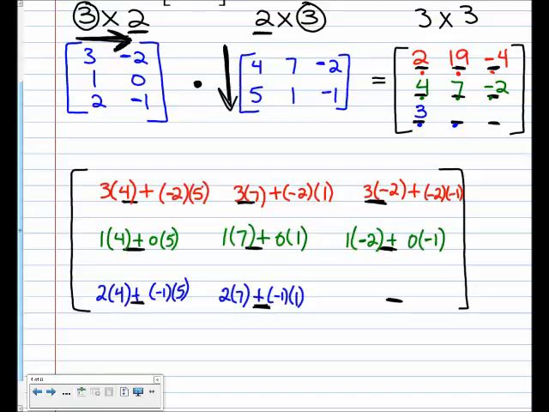So that's 14 plus negative 1, which is 13. And the last one, which is the third row and third column, 2 times negative 2 plus negative 1 times negative 1. So that is negative 4 plus 1. Negative 3. Okay, so let that sink in a few minutes.